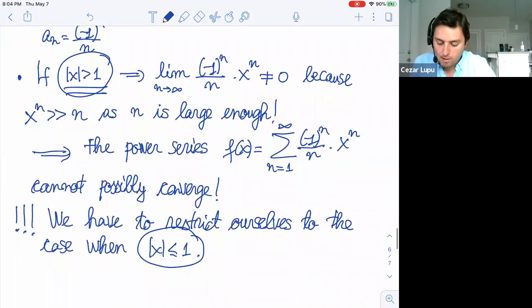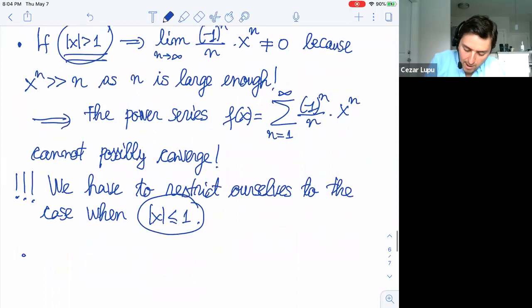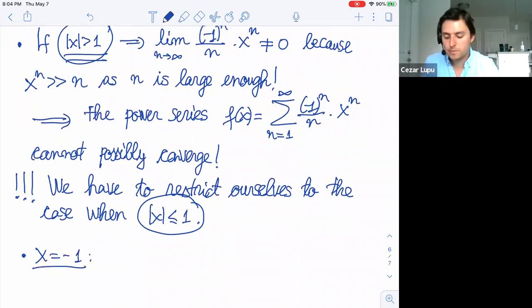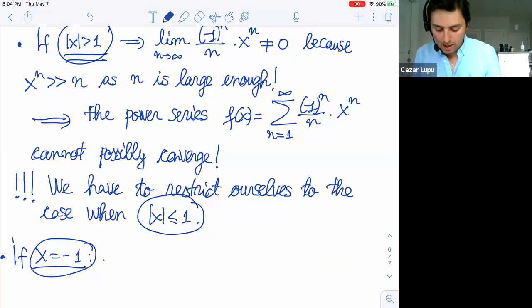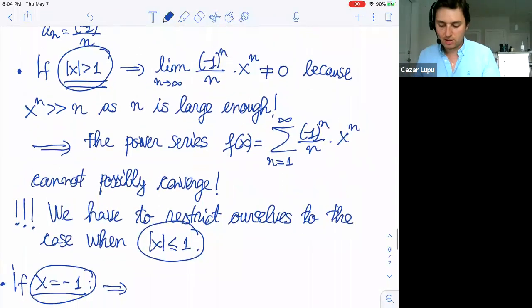And we have some cases here. So for this, possibly we have the following case. Let's say when x equals -1, you always look at the endpoints. So if x is -1, then our power series is just a constant series.